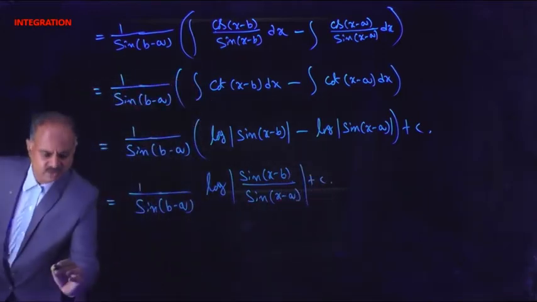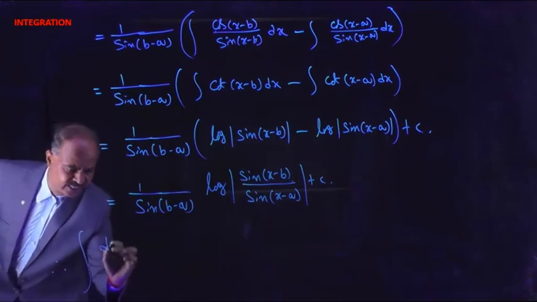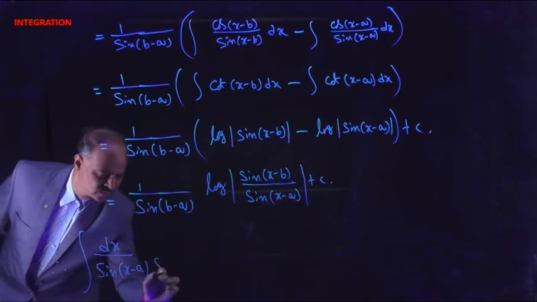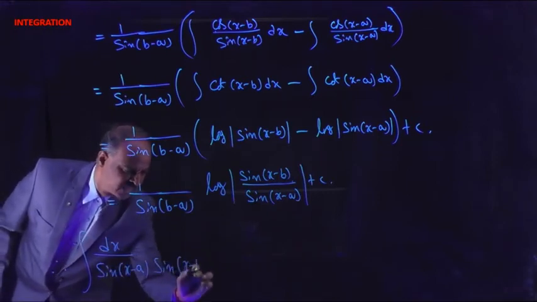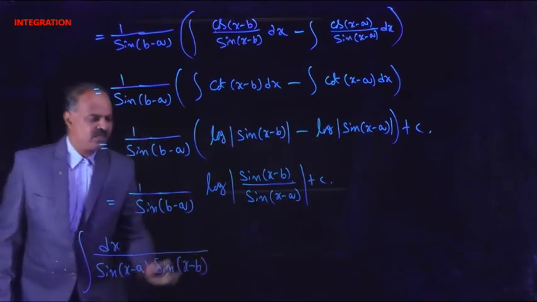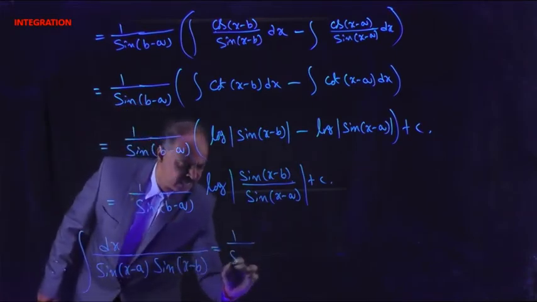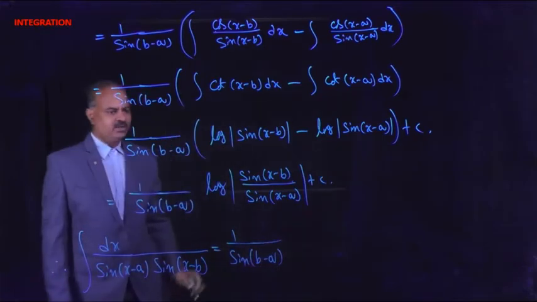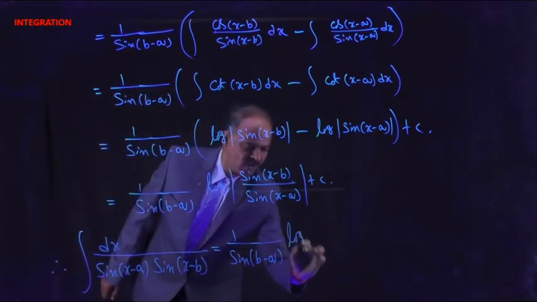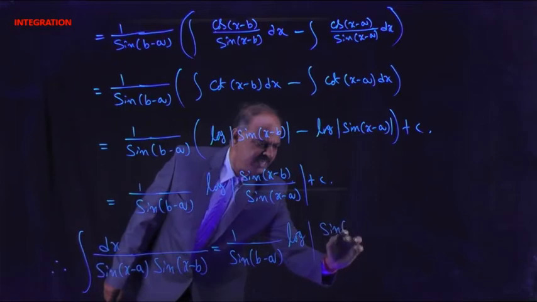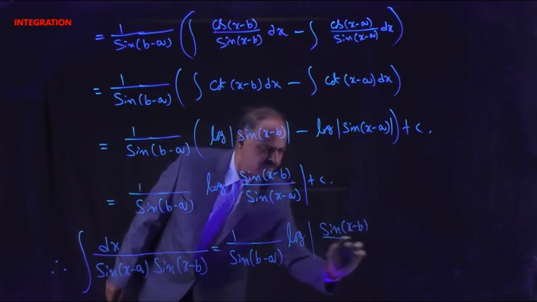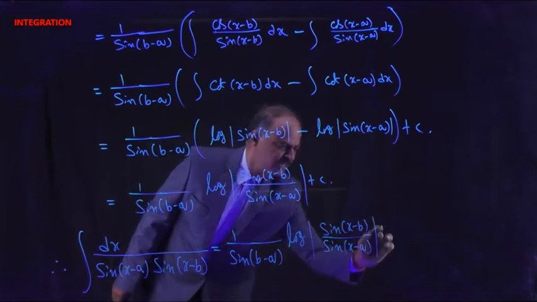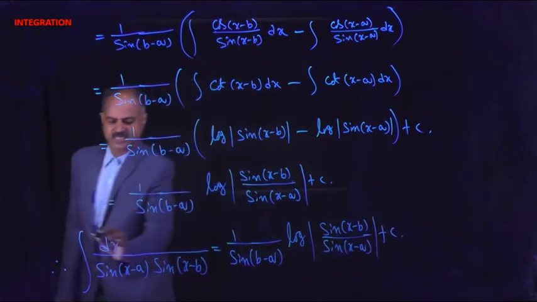So therefore integral dx by sin(x minus a) into sin(x minus b) is equal to 1 by sin(b minus a) into log modulus of sin(x minus b) by sin(x minus a) plus integration constant c.